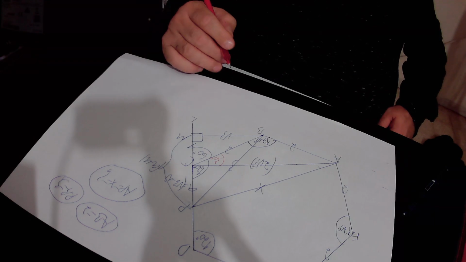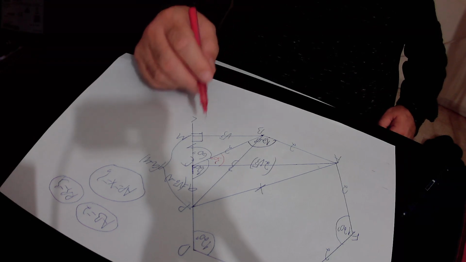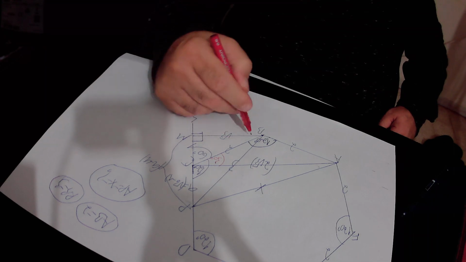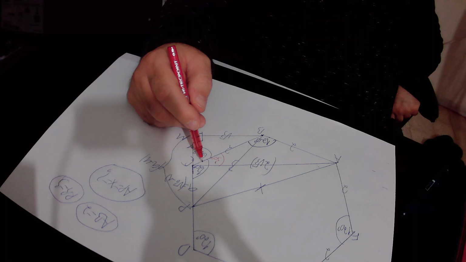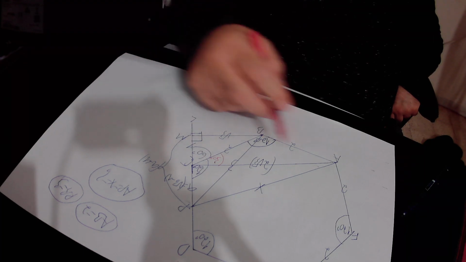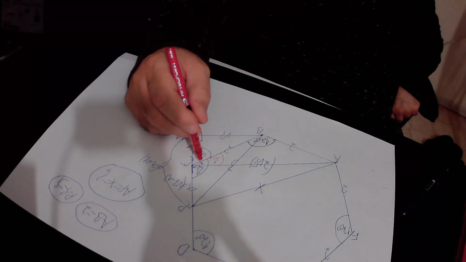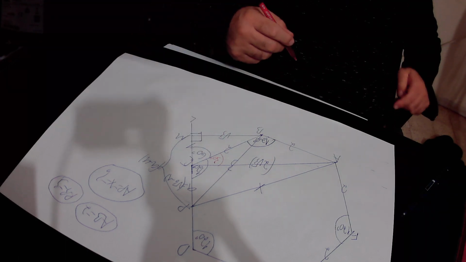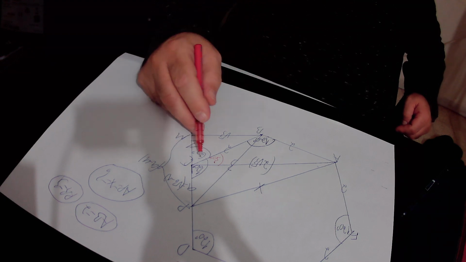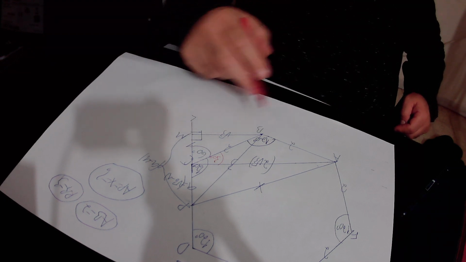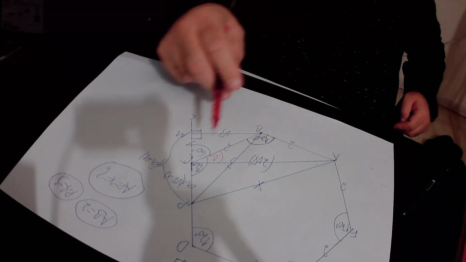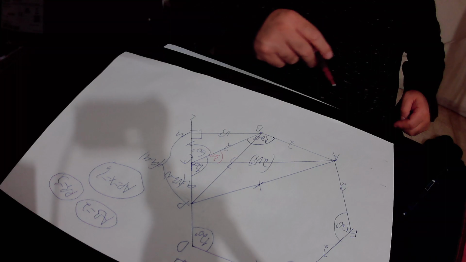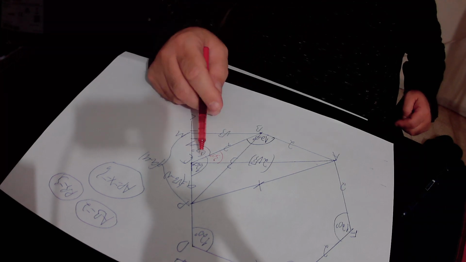Okay, and we know that angle PCB is one out of the 6 interior angles of this regular hexagon, and therefore it is equal to 120 degrees. So the big angle PCB equals 120 degrees, the small angle ACB equals 30 degrees, and therefore the missing angle, that is angle PCA, will be equal to the big angle minus the small angle.